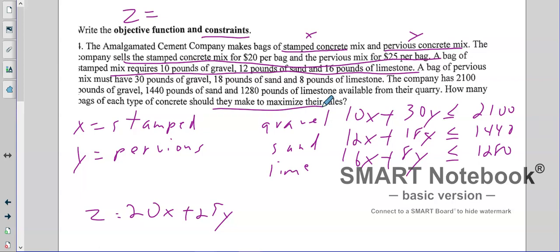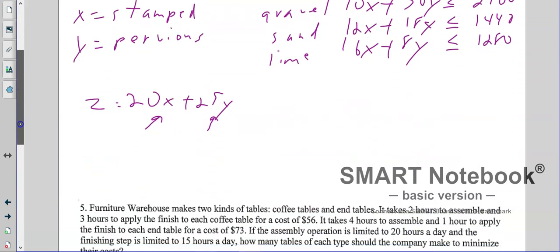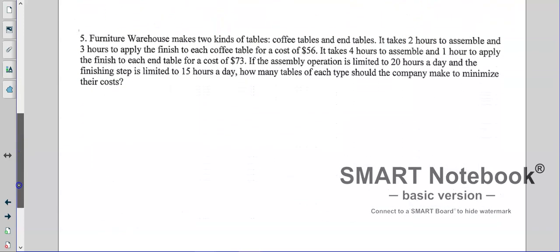So day 1, we learned how to graph those lines that were given to us. Here, we figure out how to find out those lines. And the next thing we're going to do is have the word problem, write the constraints, graph the lines, get the corner points, and plug the corner points into this equation here, and find out what would be the maximum combination to make the most profit.